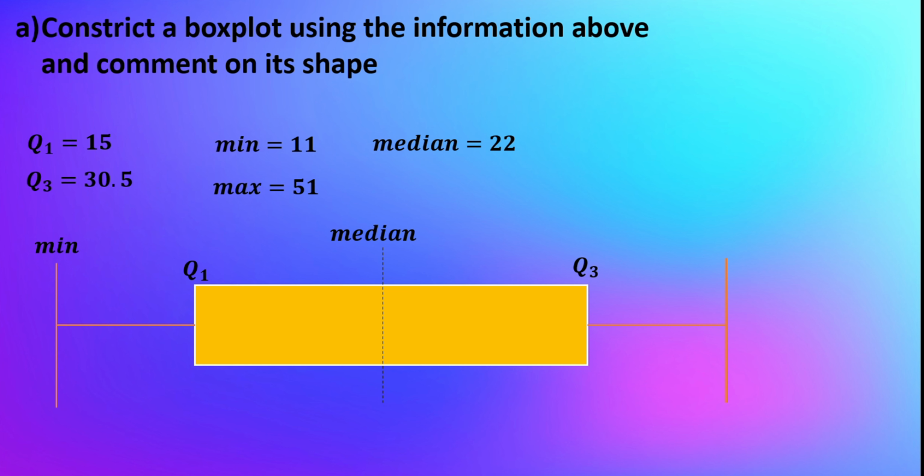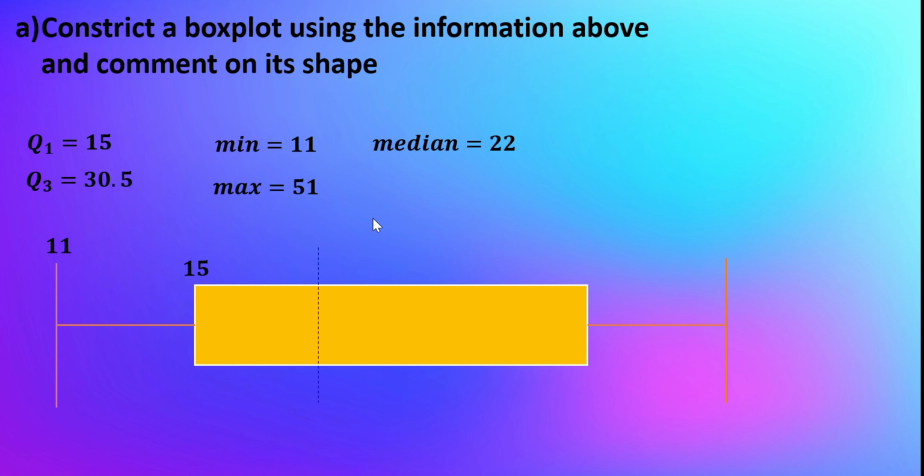Okay, so now presenting our data on a box plot diagram. We have our minimum 11 and we have our Q1 15. Then when you are putting your median there, you have to know whether your median is near the lower quartile value Q1, or near the upper quartile value Q3, or in between those two, just the exact half of it.